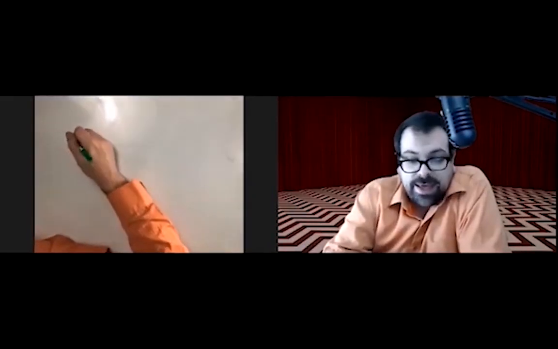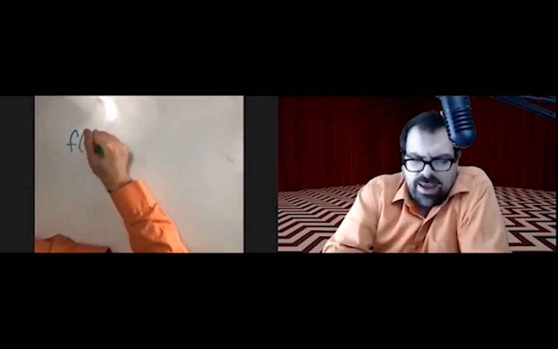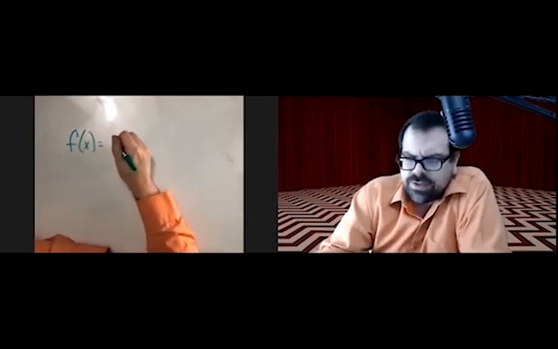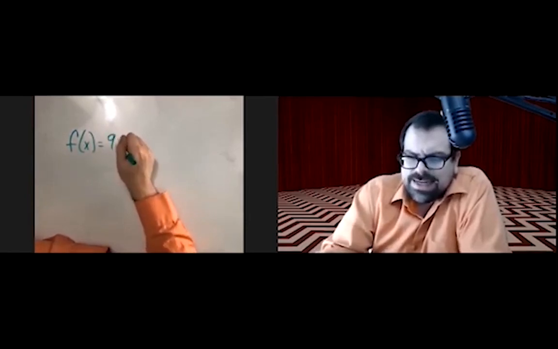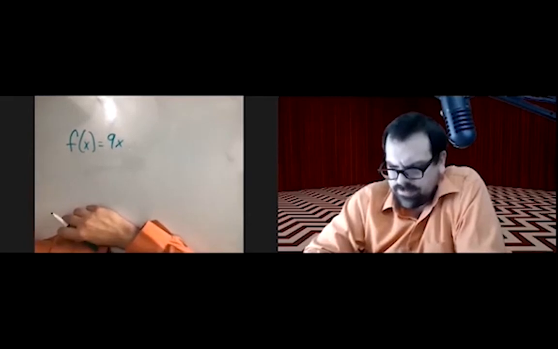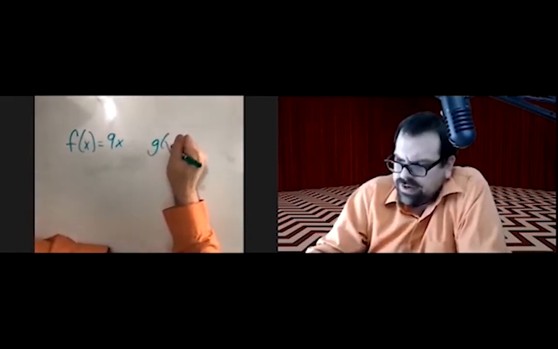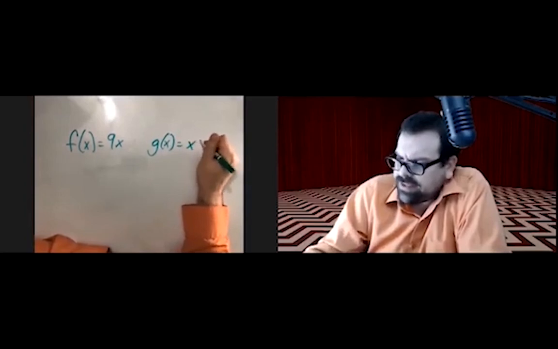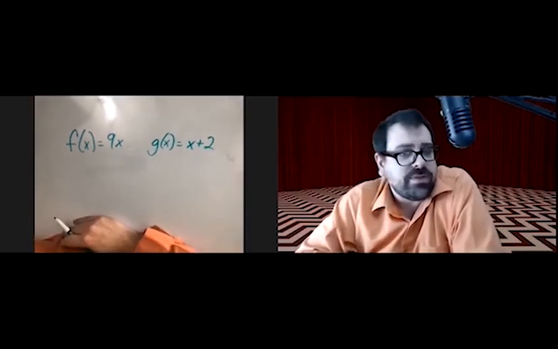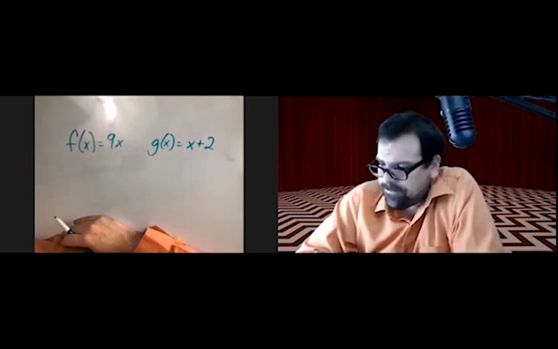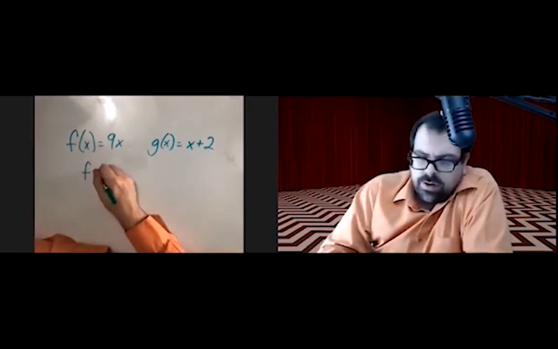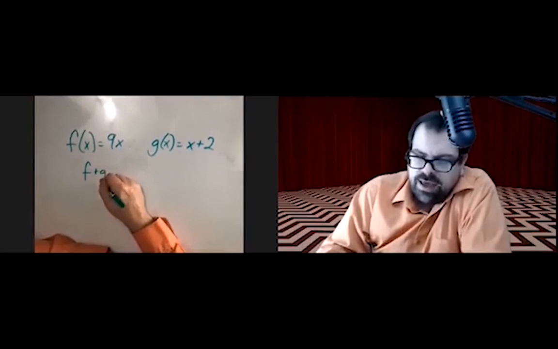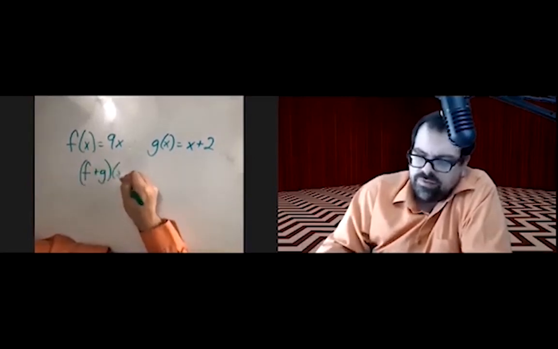So let's say we had f of x equals 9x, g of x equals x plus 2. I'm going to keep them relatively simple right now. What would f plus g of x be?